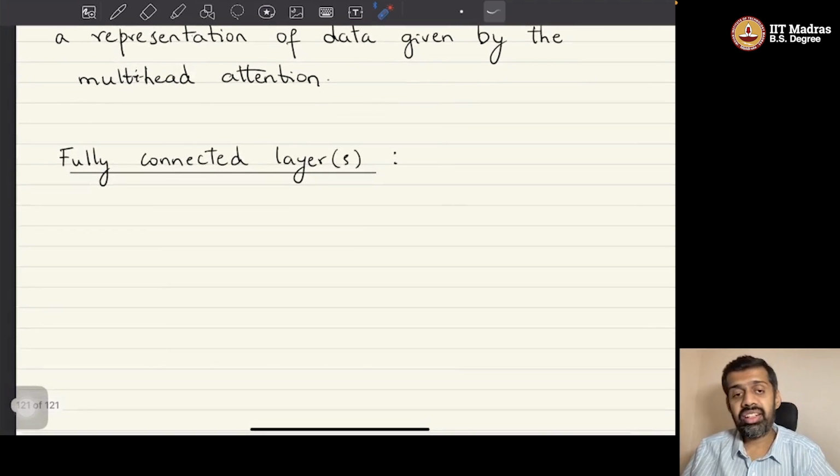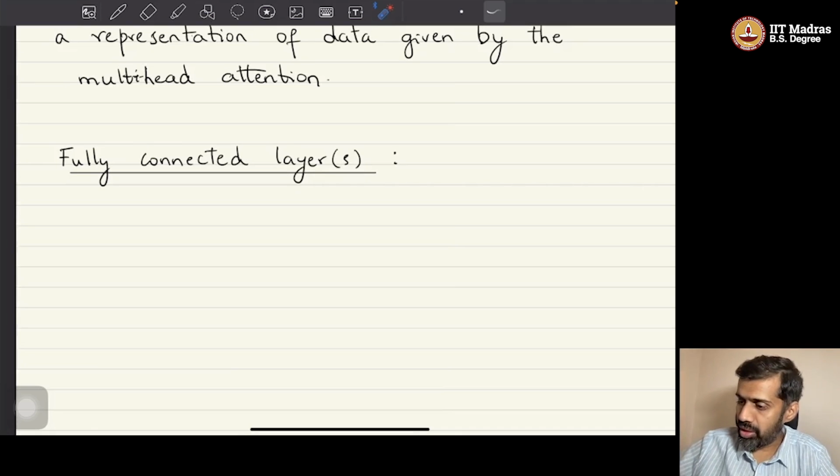Now these fully connected layers are applied on each of the tokens separately. To contrast this with the attention layer, the attention for a given token is computed by considering the influence of all the other tokens in the sequence. Whereas in a fully connected layer, each token is treated separately, and the layers are applied on the embeddings of each of the individual tokens separately.